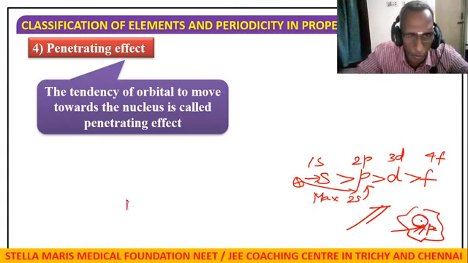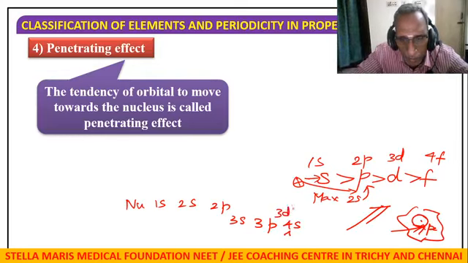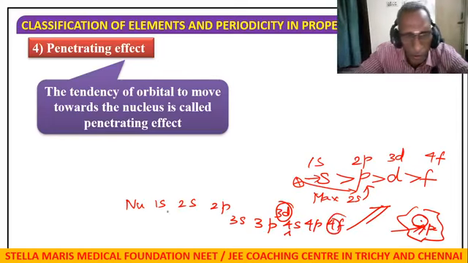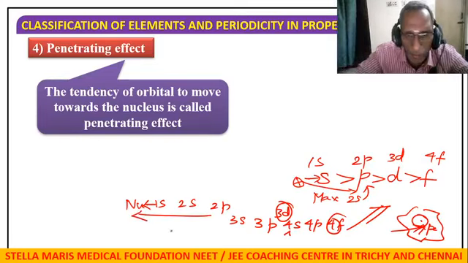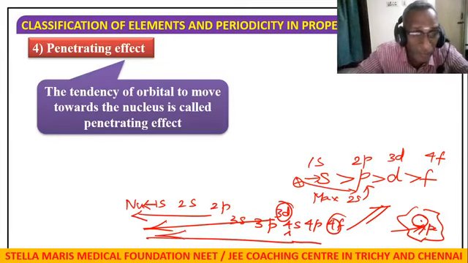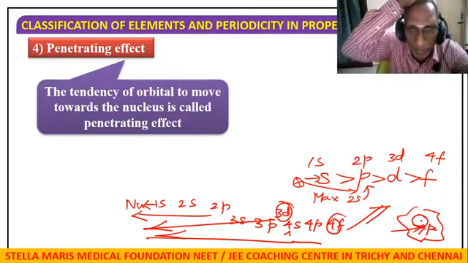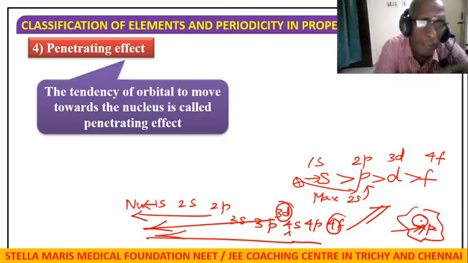So nucleus, 1s, 2s, 2p, 3s, 3p, 4s, 3d, 4p, 4f, like that. The s orbital is closest to the nucleus, the p orbital is reasonably farther, the d orbital is still farther, and the f orbital is farthest. It cannot easily move towards the nucleus. So penetrating effect is maximum for s orbital.